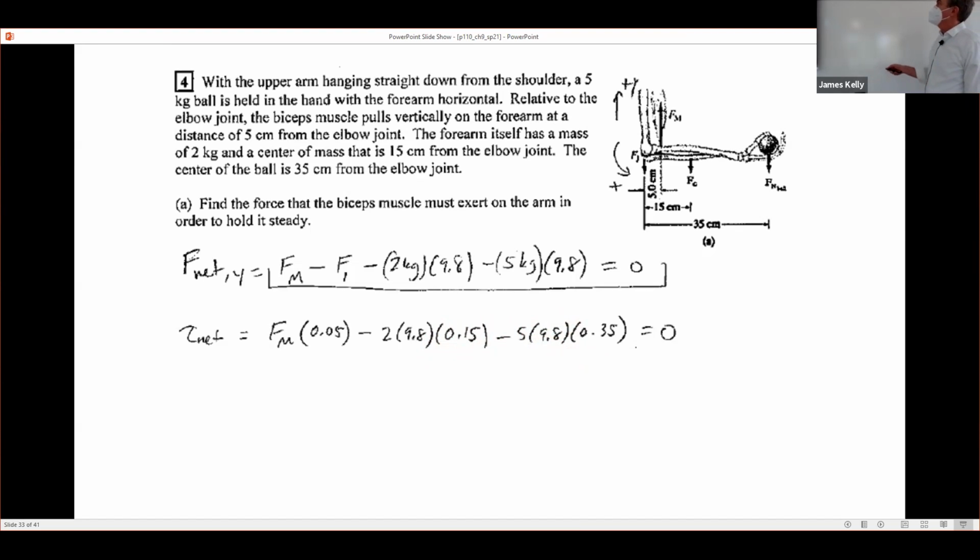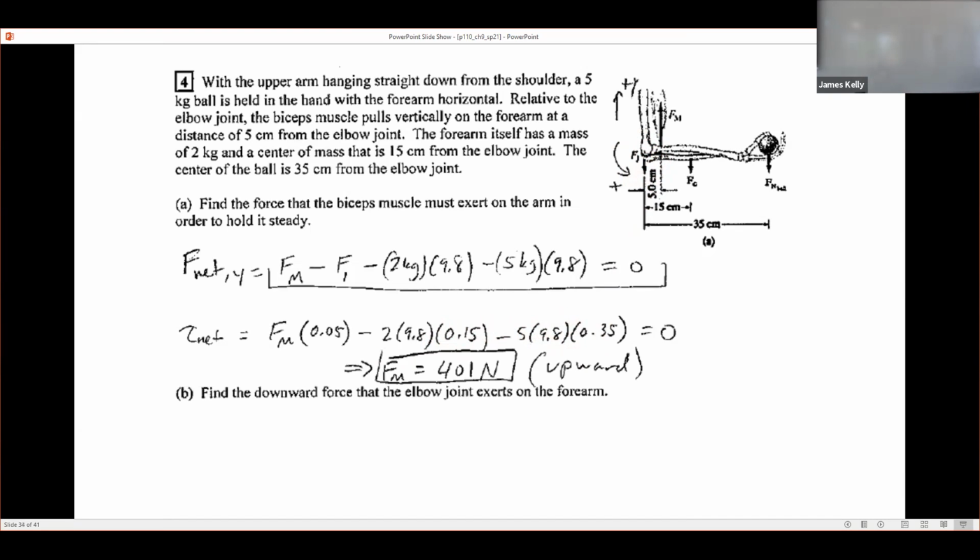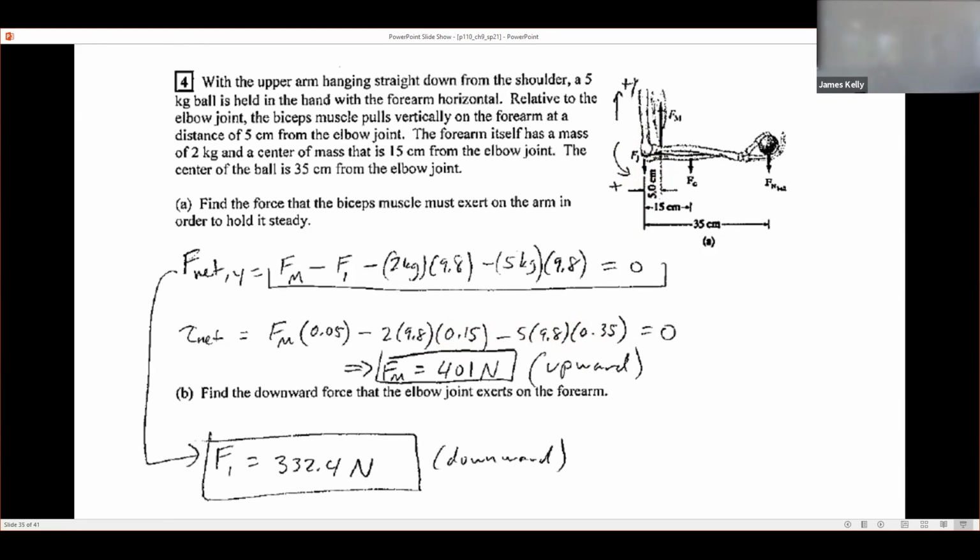And in this case, notice the other unknown force was located at the joint. So that was one of the benefits of using that as the center of our axis of rotation, is that Fj doesn't appear in there. So I can just solve that for the muscle force and then substitute that into the equation above and get the joint force.